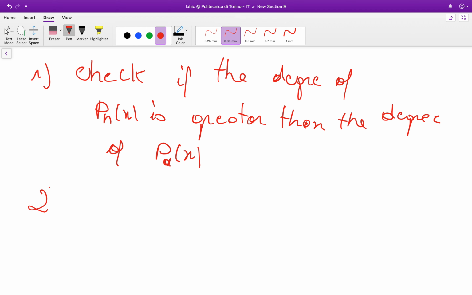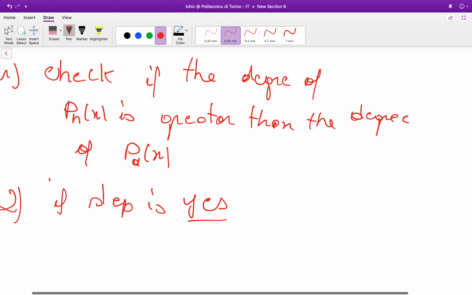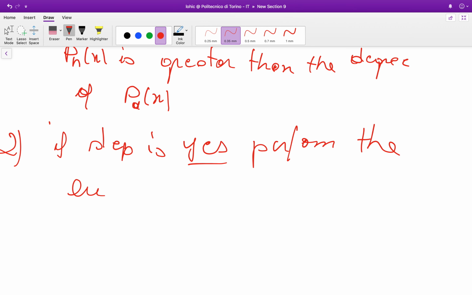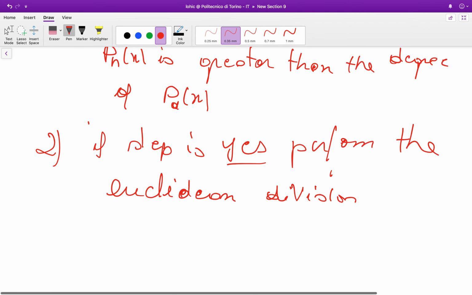So step 2: if step 1 is yes, perform the Euclidean division.